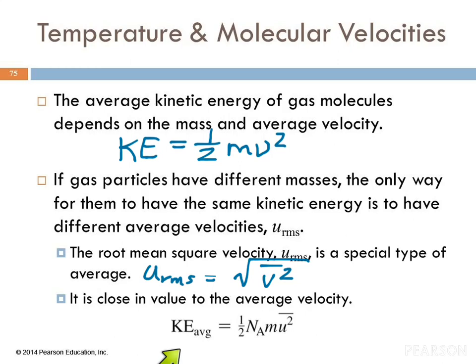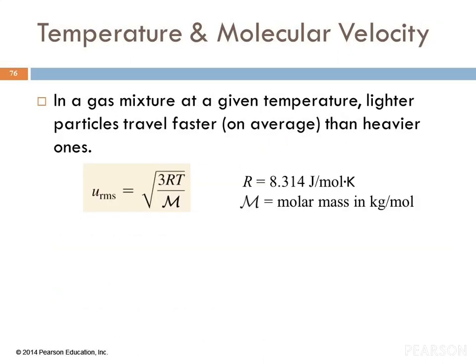Then the kinetic energy ends up being 1/2 Avogadro's number times the mass times the root mean squared velocity squared. So what do you need to know about that? Well, you can take all of that and you can derive this.